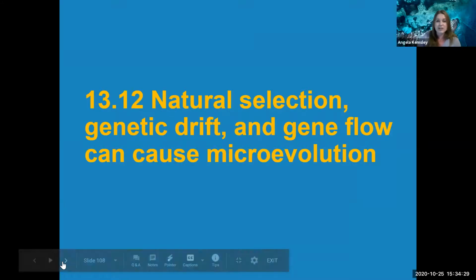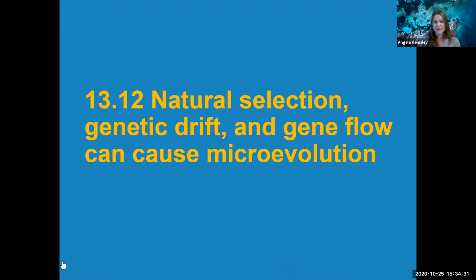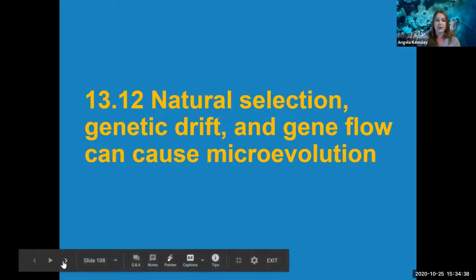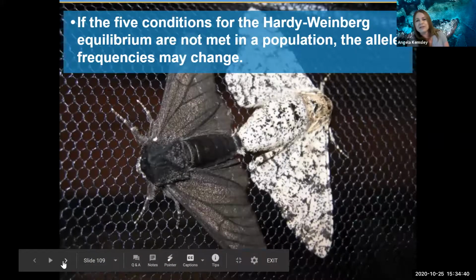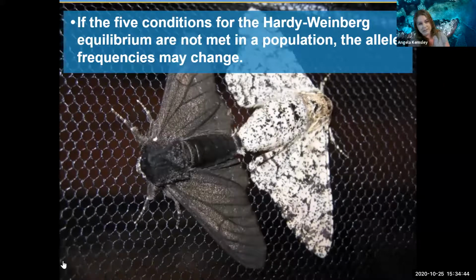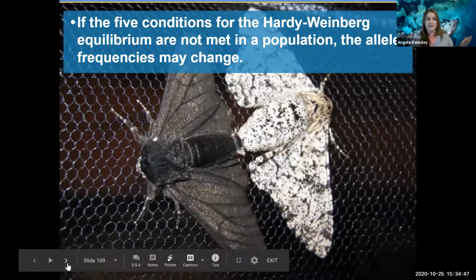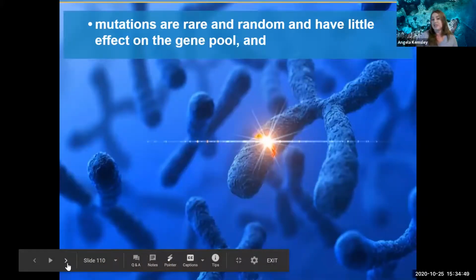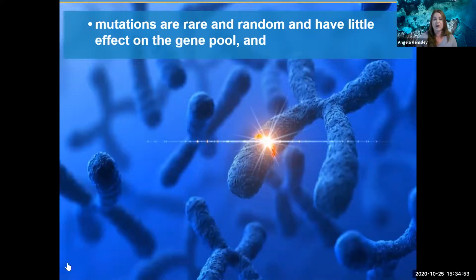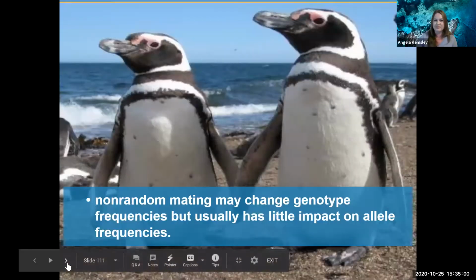We know about natural selection, right? We learned about natural selection in the last lecture. We're also going to look at the concepts of genetic drift and gene flow that can cause microevolution. If the 5 conditions for the Hardy-Weinberg equilibrium are not met in a population, the allele frequencies may change. Mutations are something that would probably first come to mind since we've studied those before, but mutations are actually fairly rare and pretty random, and they usually have little effect on the gene pool.